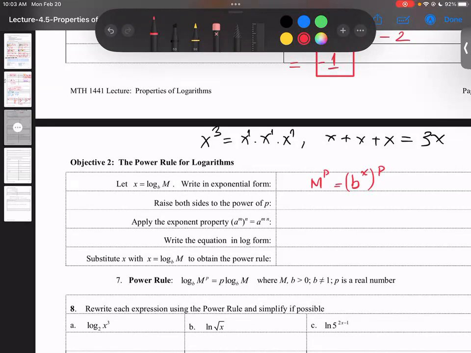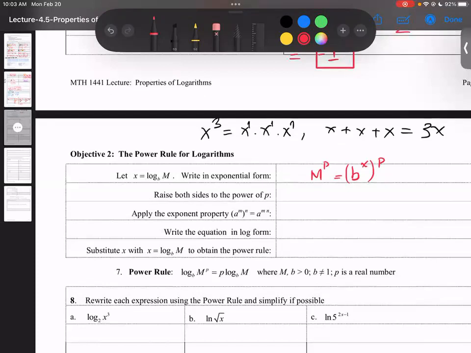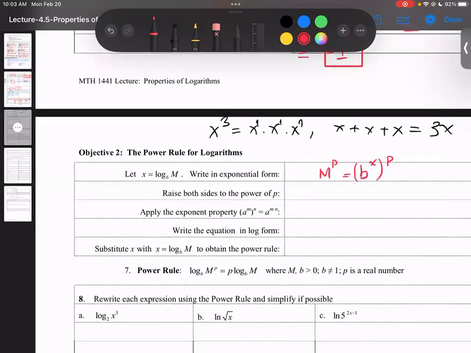Apply the exponent properties, a to the m to the n equals a to the m times n. So here we have the left-hand side, rewrite it. The right-hand side is x times p, right?